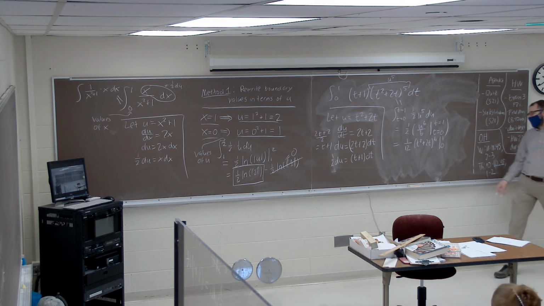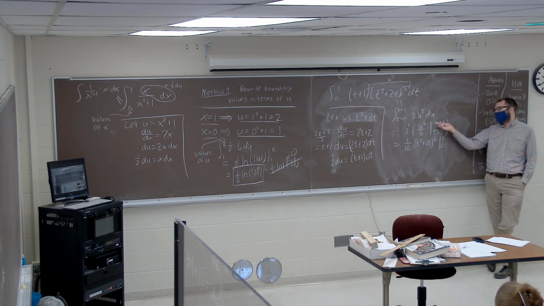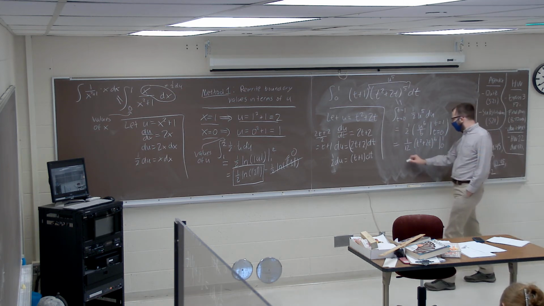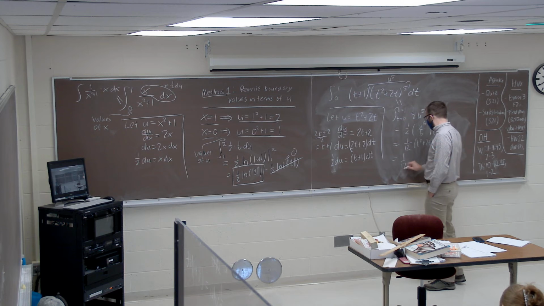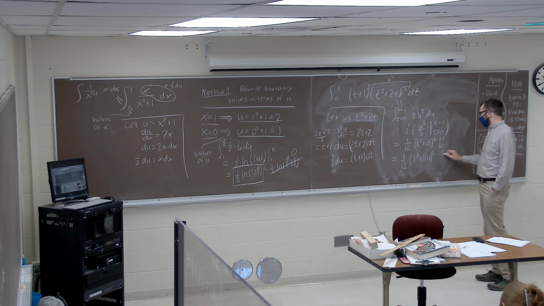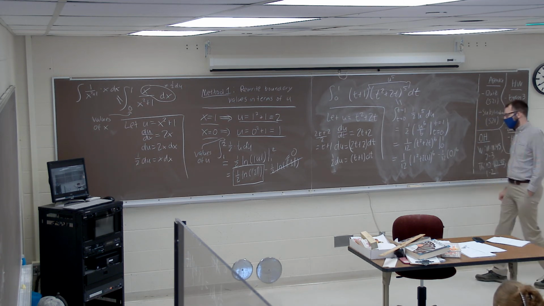And now that we're back in terms of t, we don't have to keep writing out t equals 0, t equals 1. We can just write out 0 and 1 since these are for the same variable as that expression. If we plug that in, we'll get 1/12 times 1 squared plus 2 times 1 to the 6th minus 1/12 times 0 to the 6th.